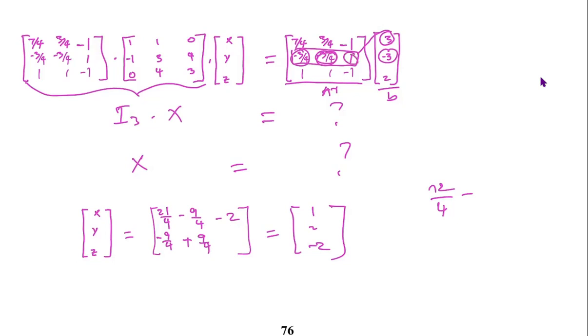And then 1 times 2, that's positive 2. Okay. And then last, the third row: 1 times 3, that's 3, plus 1 times negative 3, negative 3, and then negative 1 times 2, negative 2.